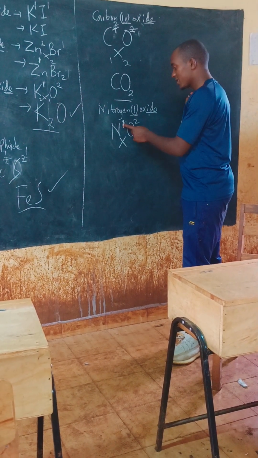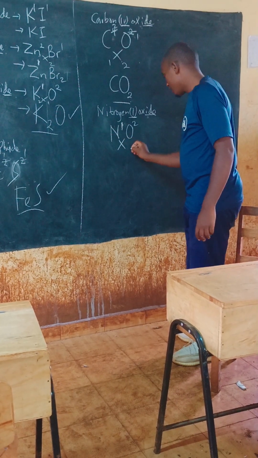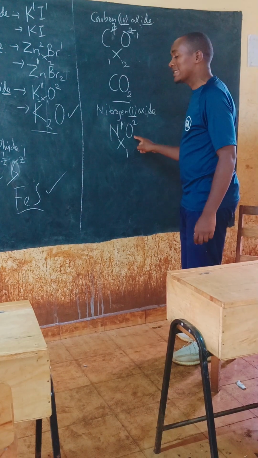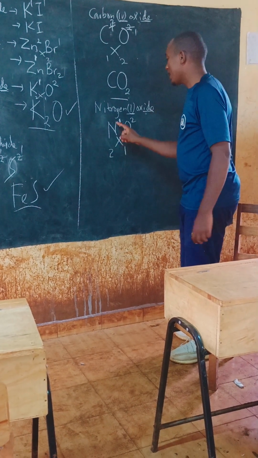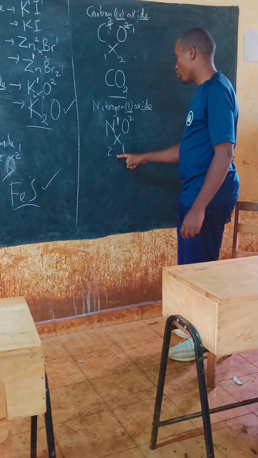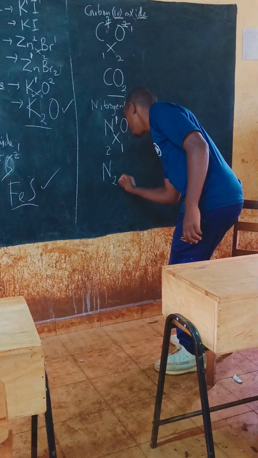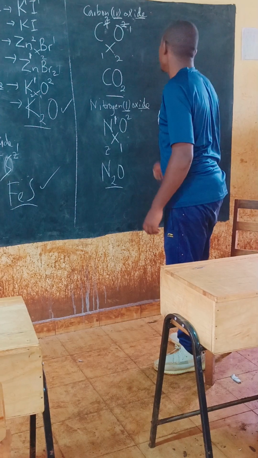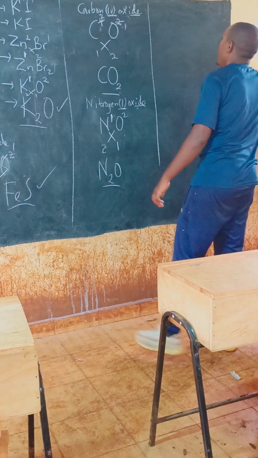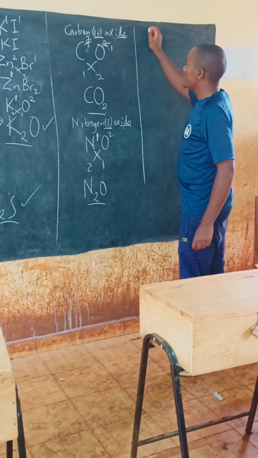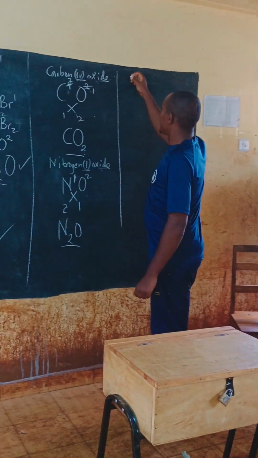No. If it cannot be simplified, we exchange. So 1 comes here as a subscript of oxygen, and 2 comes here as a subscript of nitrogen. Therefore, the formula of nitrogen(I) oxide is N2O.